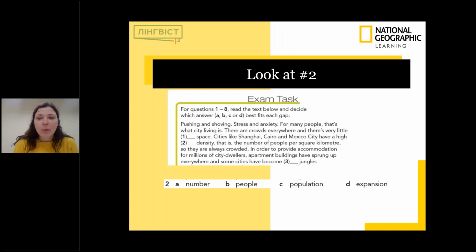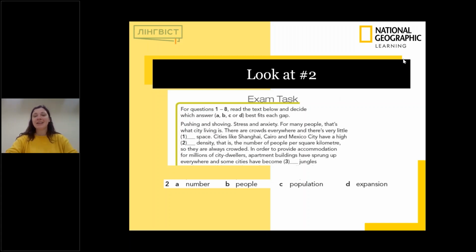What type of word is missing? Here we have found out it's the noun, and now we need to decide which noun is missing. Great. I guess this one is easier.